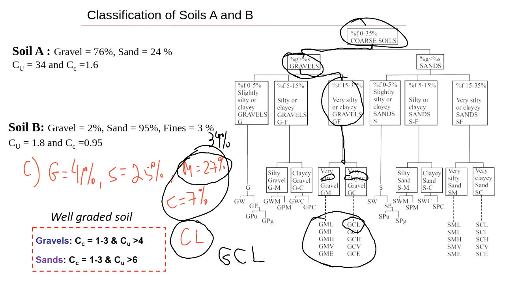Okay, so don't make the mistake of looking at how much silt and clay you have in terms of percentage. If you have plasticity, you will need to come up with one of those symbols here, not just a definition like very silty gravel. So this is very important.